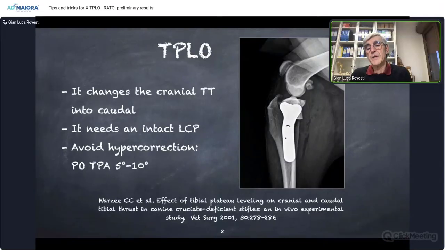And this is the reason why in most of the publications and biomechanical studies about this topic, the suggestion is to avoid hypercorrection and to leave 5 to 10 degrees of tibial plateau angle. And this is simply to avoid hyperloading the caudal cruciate.